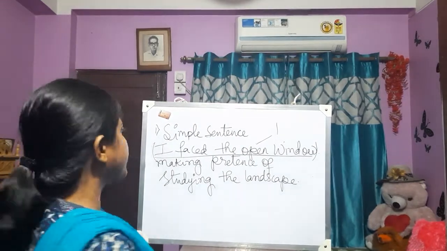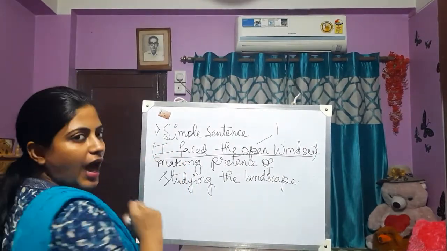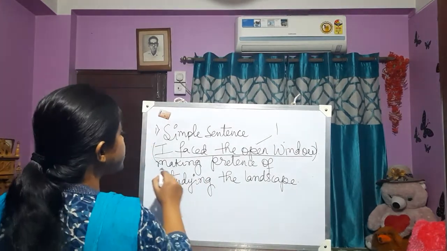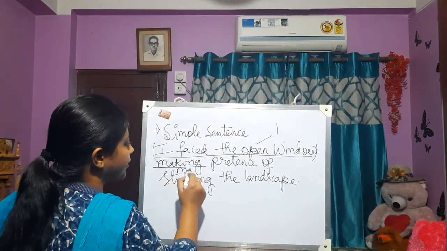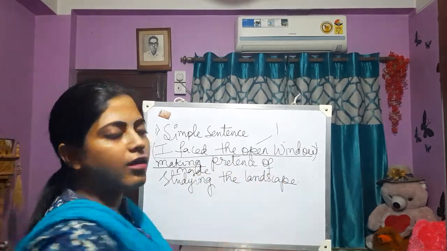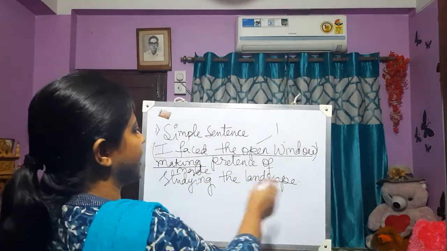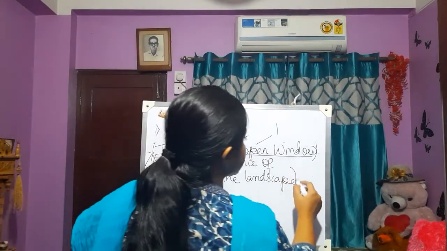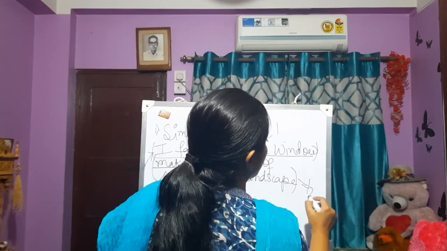You need to have a subject. The subject is I, so you cannot write "I making pretense of studying the landscape." So this will be changed to "made." "I made pretense of studying the landscape." This part, including I, is sentence number 2.